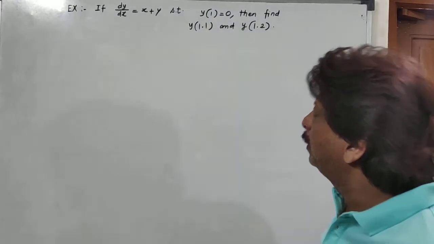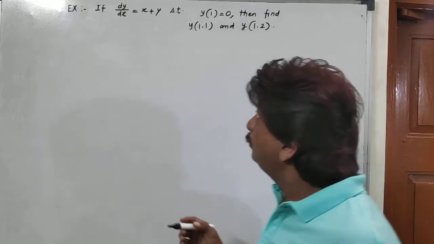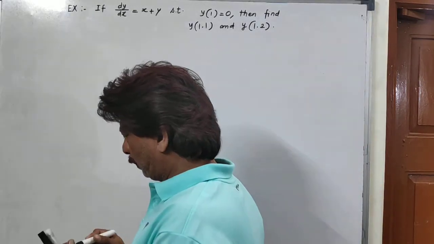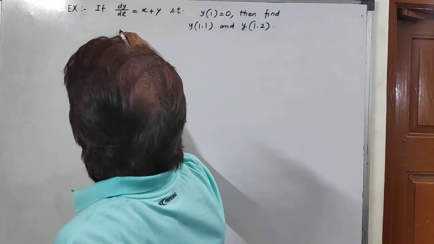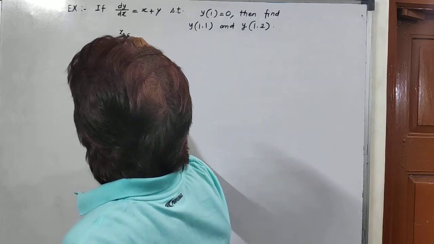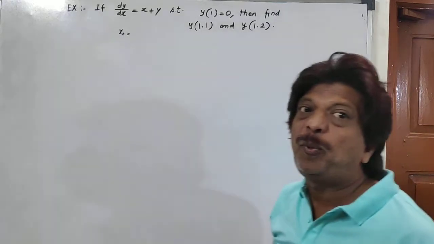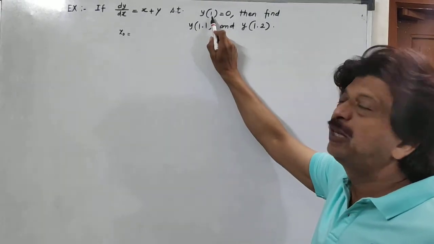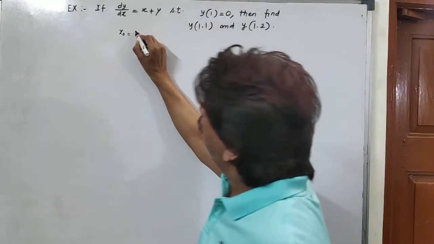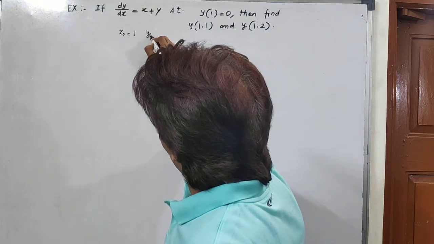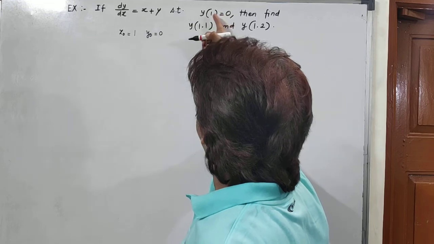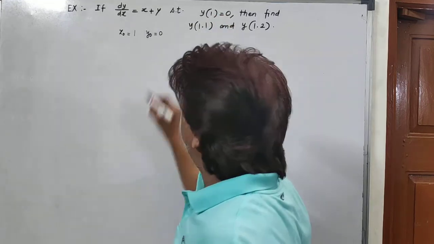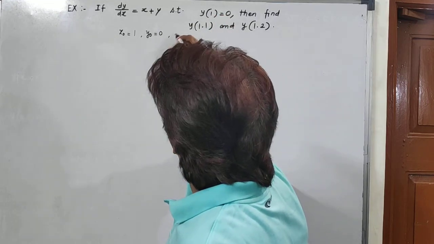So here, what is x0? x0 is the initial point, the initial value of x, given value, it is 1. What is y0? y0 is 0, the value of y when x is 1. So the initial point is 1 comma 0.